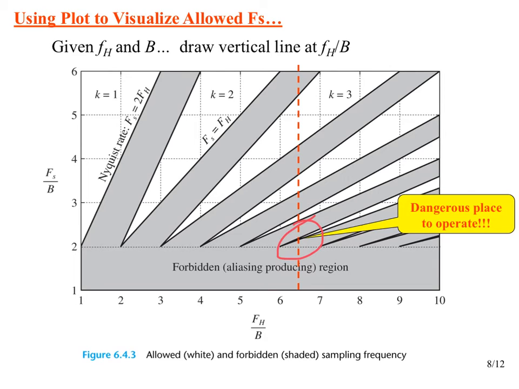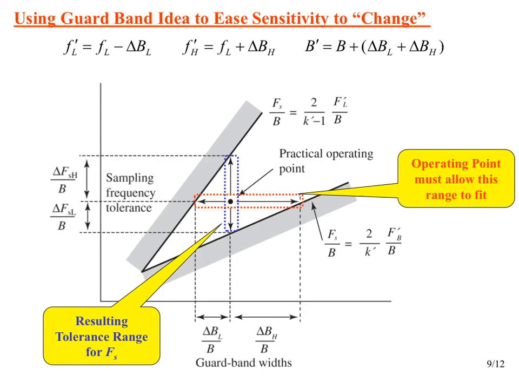So if we zoom in on that on the slide, we can see, suppose we're operating here. That's our chosen point. What we want to make sure is that there's enough slop in there that we won't accidentally end up going outside of this nice little white area into the gray region that is not allowed.